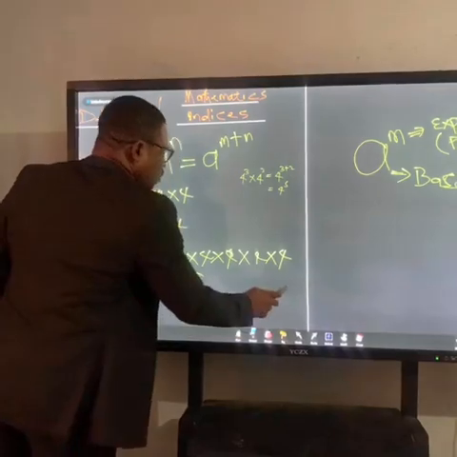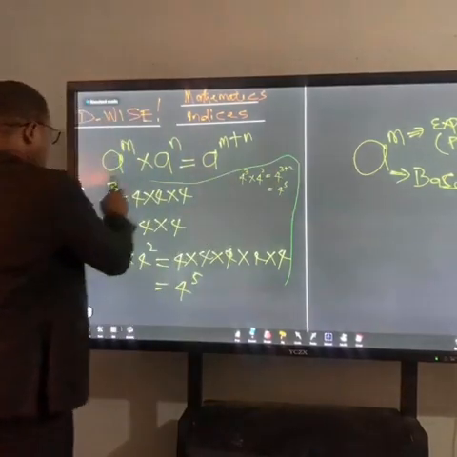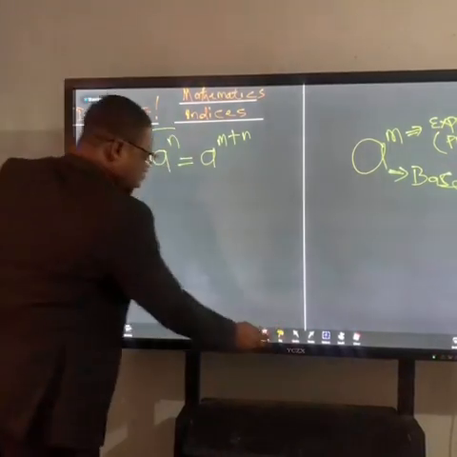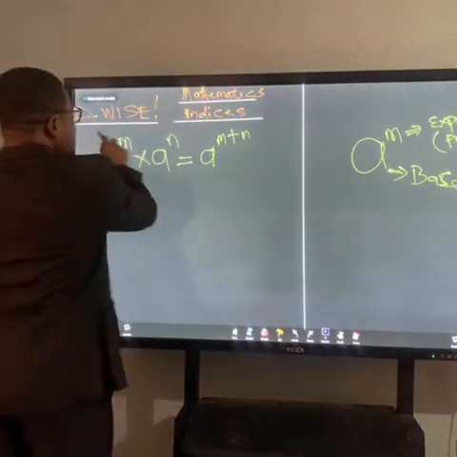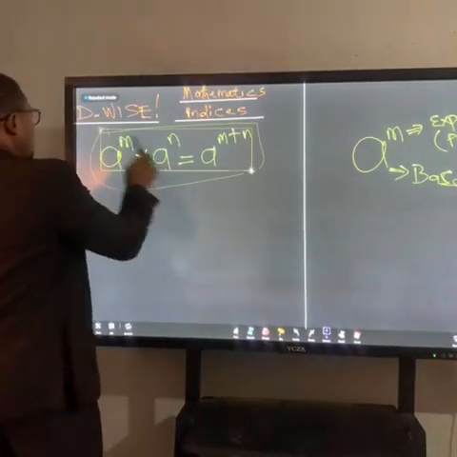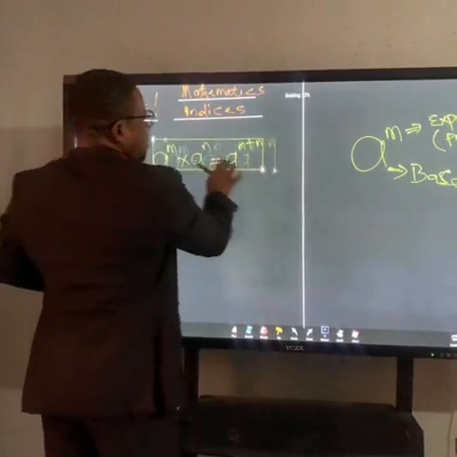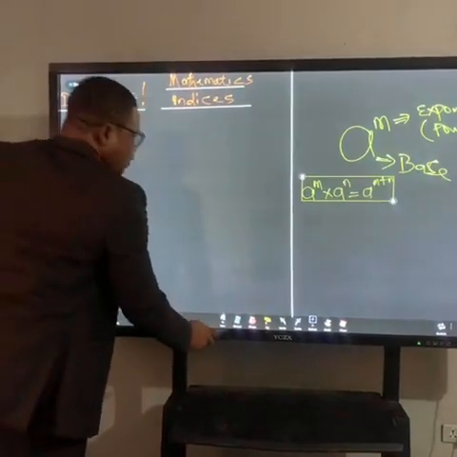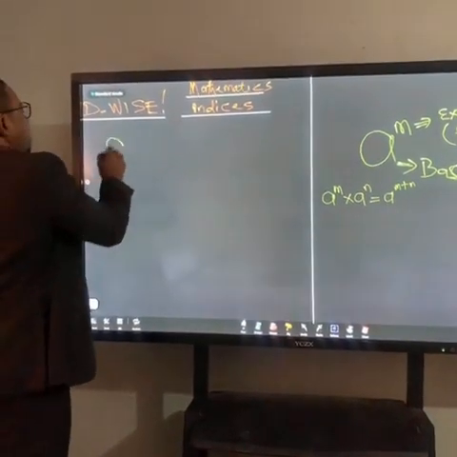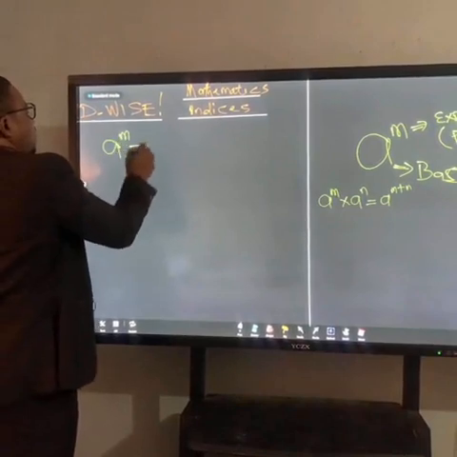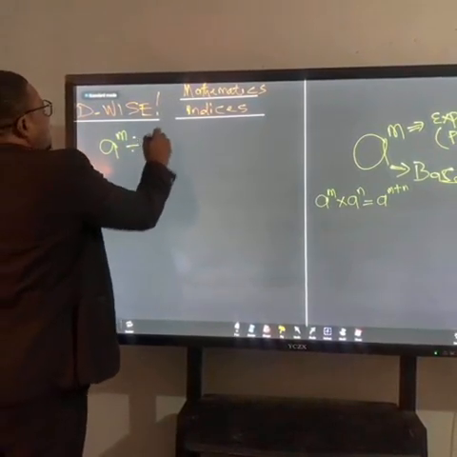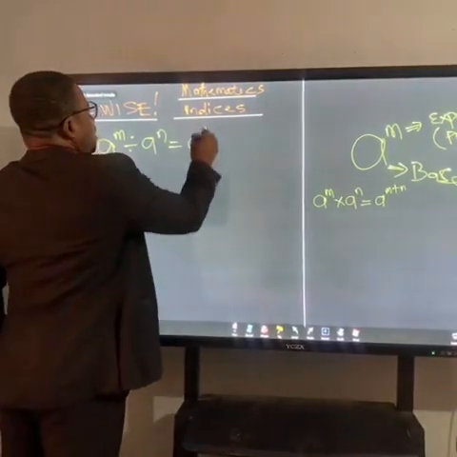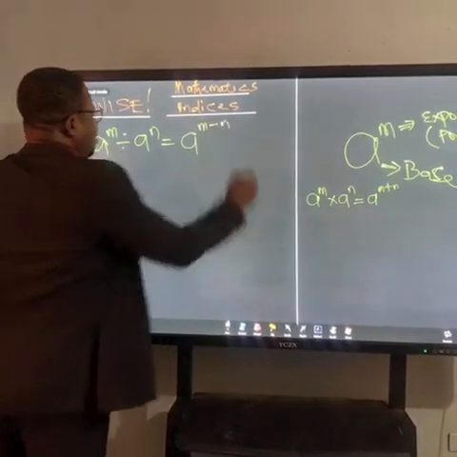Let's run through the second law very quickly. This is the first law. Let's keep this somewhere. Alright? Let's go to the second law. The second law says that if I have the same base, but this time around they are dividing, what I do is subtract: a to the nth power minus n.